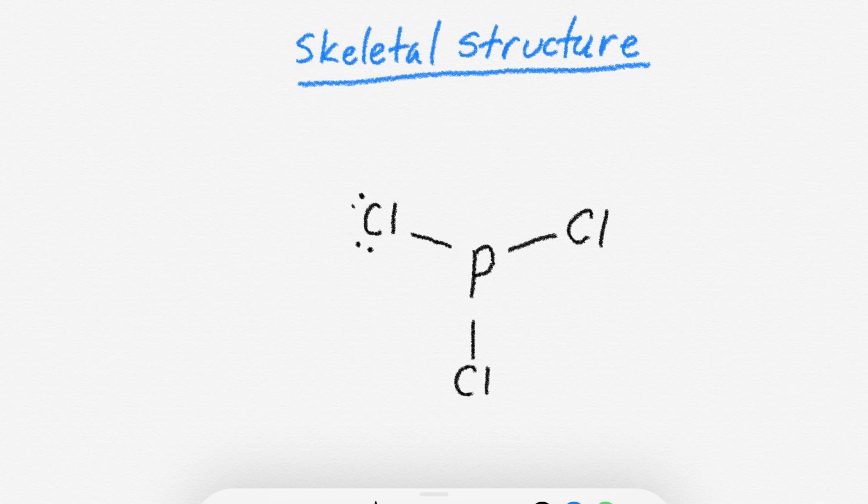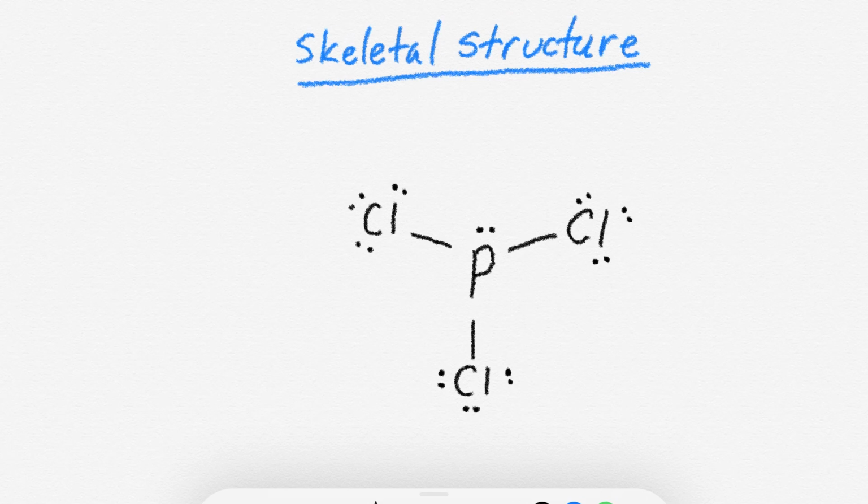So that's 1, 2, 3, 4, 5, 6. On our step number 4, we go around every atom and we fill their octet rule. Again, we're shooting for 8 valence electrons. Notice that the phosphorus only has 3 shared pairs of electrons, which is 6 in total. So then that phosphorus just needs 2.